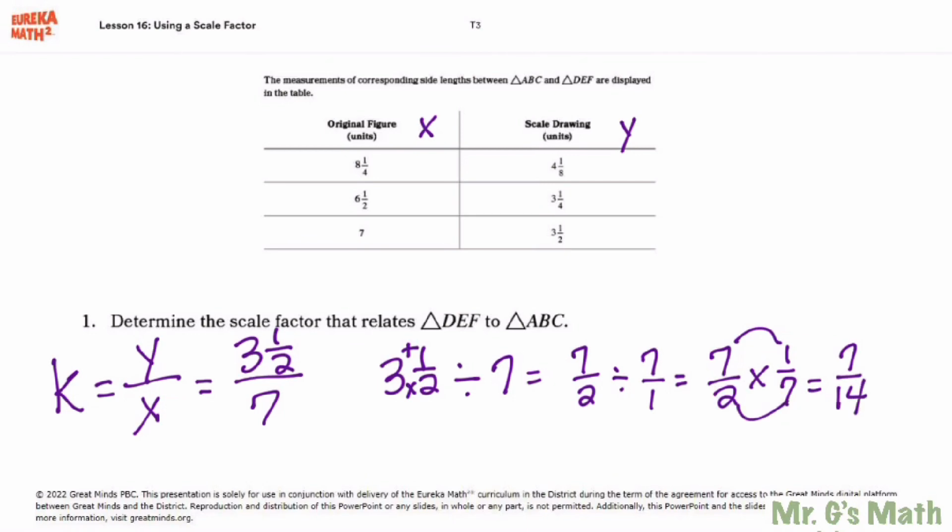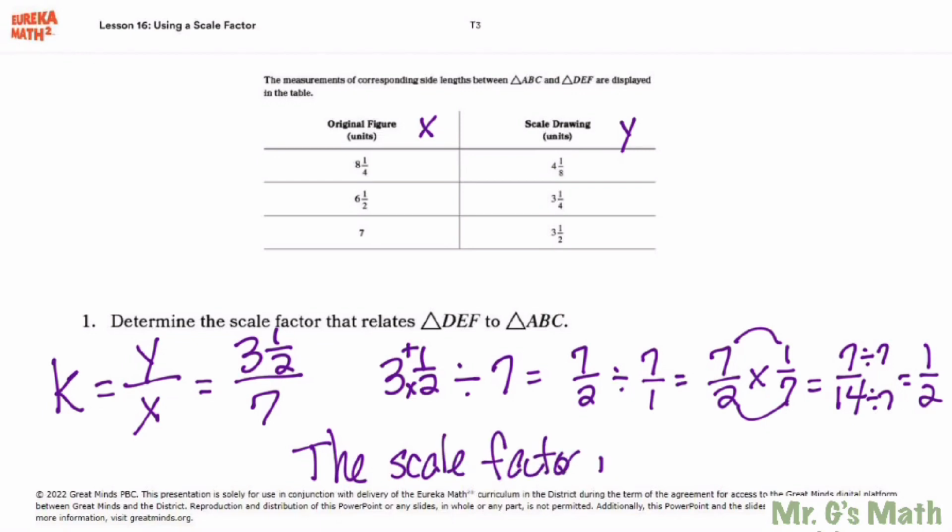We can simplify this, divide both of these by 7, and that's going to give us 1/2. So let's answer this little question that they have down here. The scale factor is 1/2.